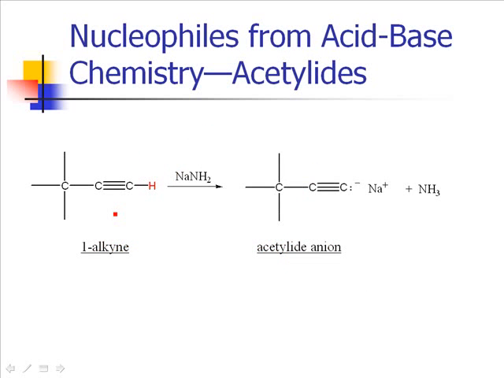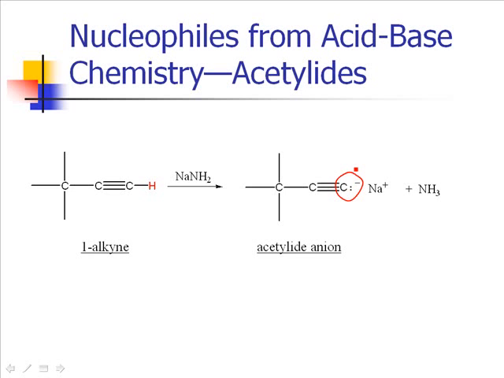Well, another type of nucleophile that we saw early in the first part of this 3-part series was something called an acetylide anion. It had a negative charge on an sp hybridized carbon that's part of a carbon-carbon triple bond. This acetylide anion is a very strong base, but it will react in substitution reactions with primary alkyl halides.